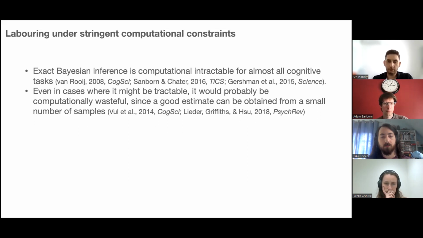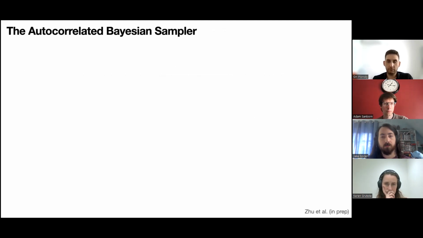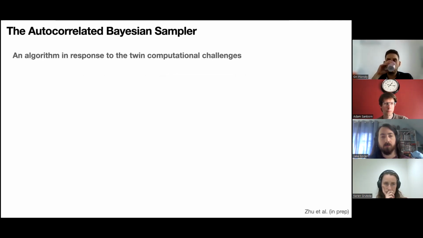So that leads to the model, or the rational process model, we try to propose here, which is essentially an algorithm in response to the twin computational challenges. And it has three components. It has a prior just to formalize the inductive bias.